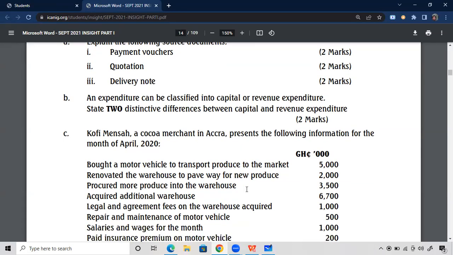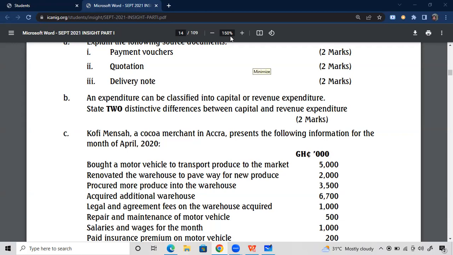The next one, they say renovated the warehouse to pave way for new produce. I want to ask you again, and I want to receive this in the comment section as well. Number 2, is this a capital expenditure or a recurrent expenditure? I still need more answers, please.